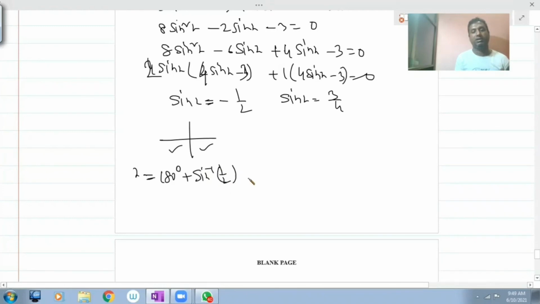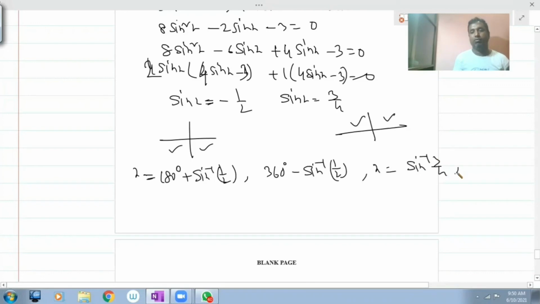Another one is 360 degree minus sin inverse half. And then from here, since it is positive, we are having these two quadrants. So x equals sin inverse 3 by 4, and another one is 180 degree minus sin inverse 3 by 4.